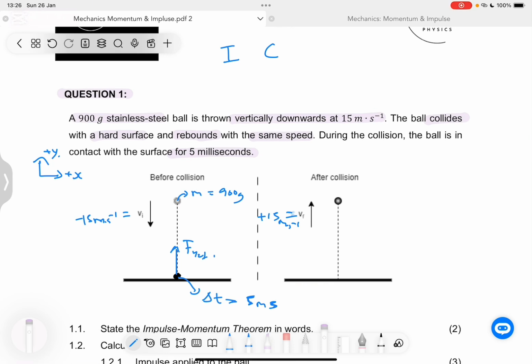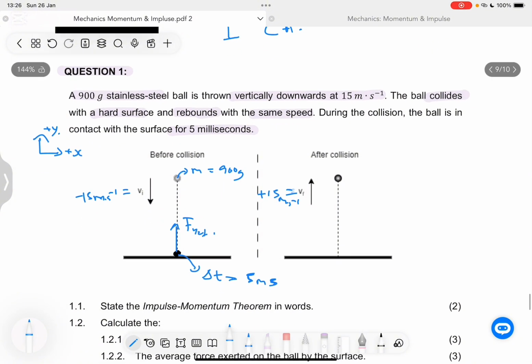Now, this for me is a problem that requires the impulse momentum theorem, the understanding of impulse and momentum. Then now I have fully understood the problem by interpreting and classifying it. It means I'm ready to then answer the problem. I'll go to the next step, which is A, answering the problem.